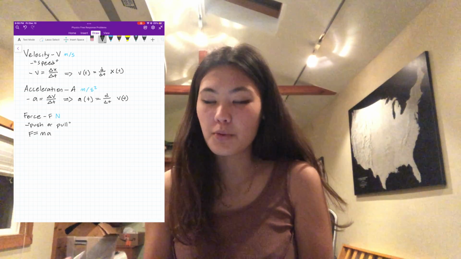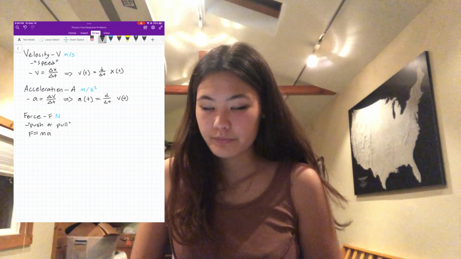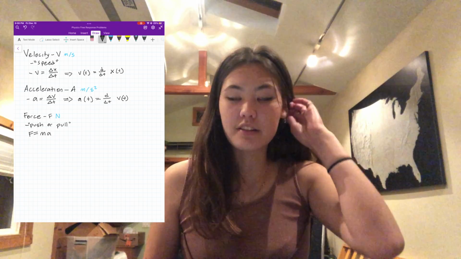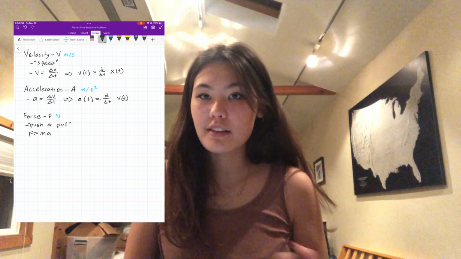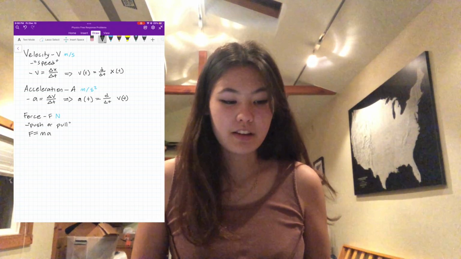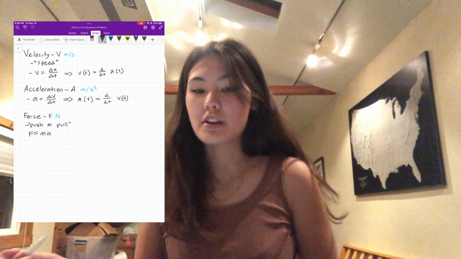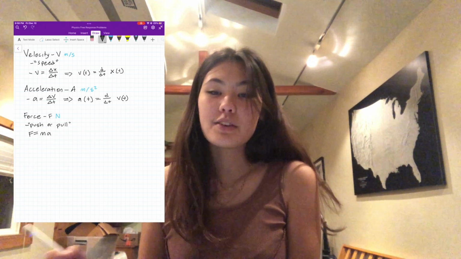And as I explained before, mass is a measurement of inertia, which is resistance to change. So with more mass, there's more inertia, greater resistance to change. So from this equation, we can see that there would be more force necessary to create the same acceleration on a greater mass.